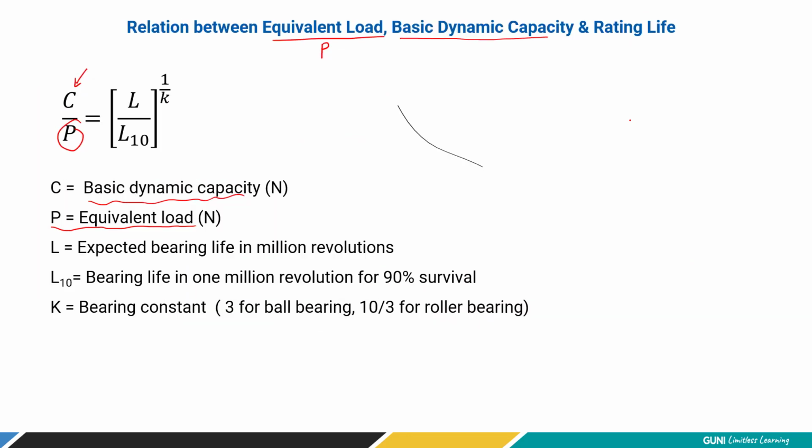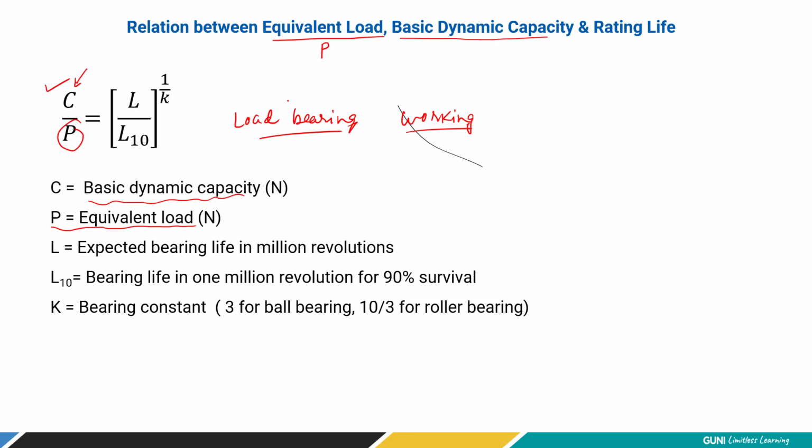So this relation is very important, as it connects the load bearing capacity or load lifting capacity to working conditions. Mostly when the machine works, where the shafts are supported on bearings, the load coming on the bearing is basically a fixed, static type.